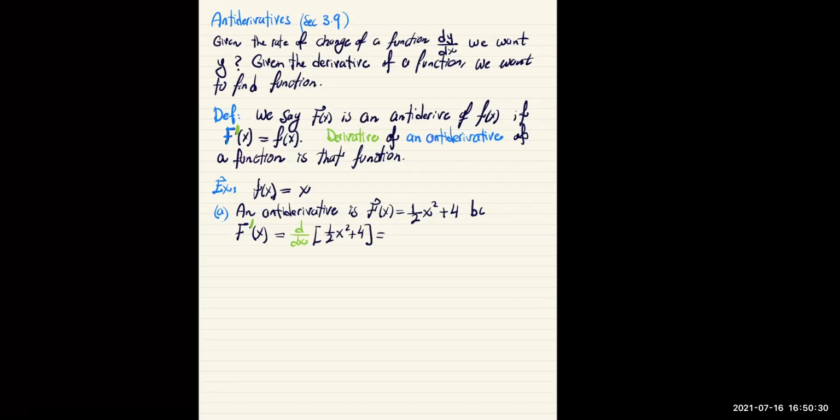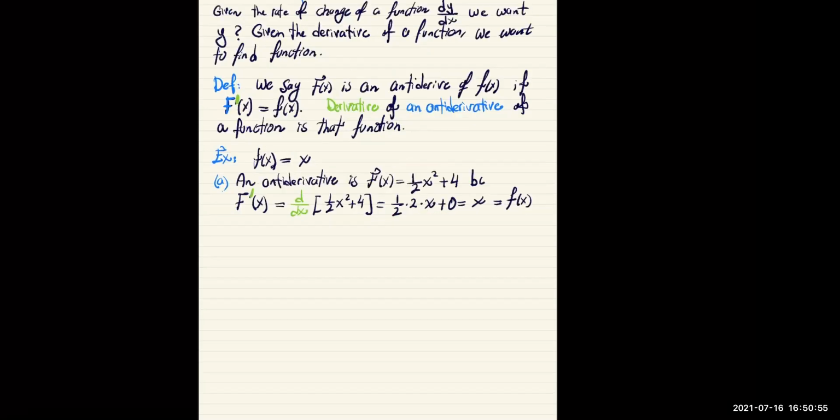It cancels the half: 1/2 times 2 times x, plus the derivative of 4, which is 0. What do you get? You got x back. I got f of x back. So this thing is an antiderivative. It's an antiderivative, not the antiderivative. You're saying that's because that 4 could be any constant? Yep, exactly.